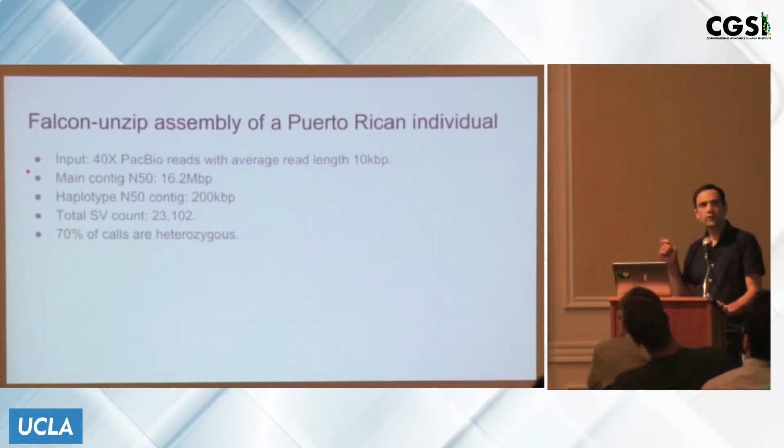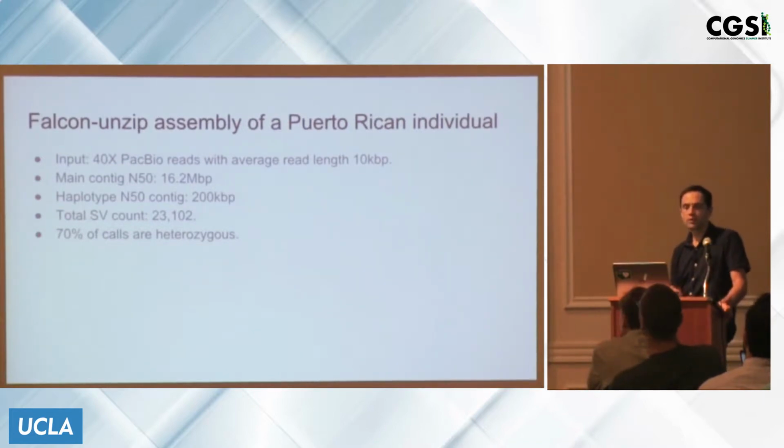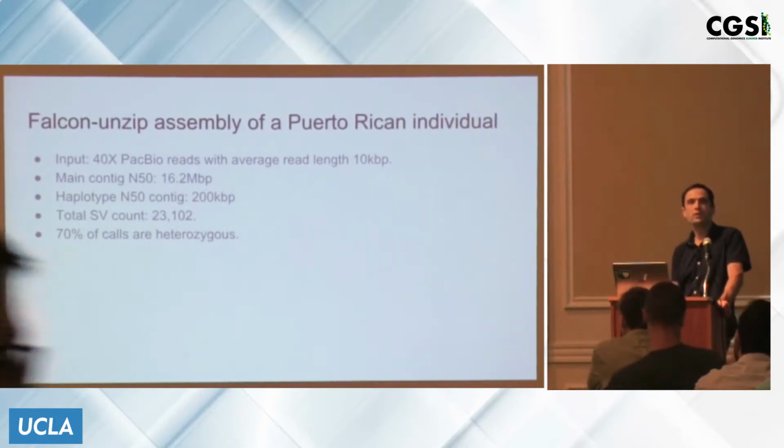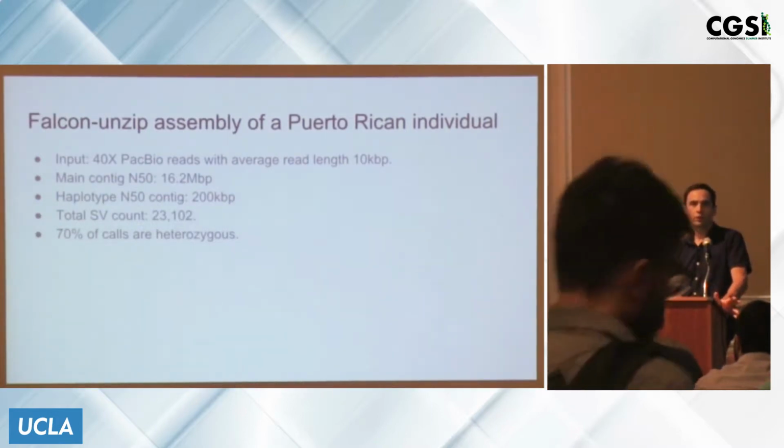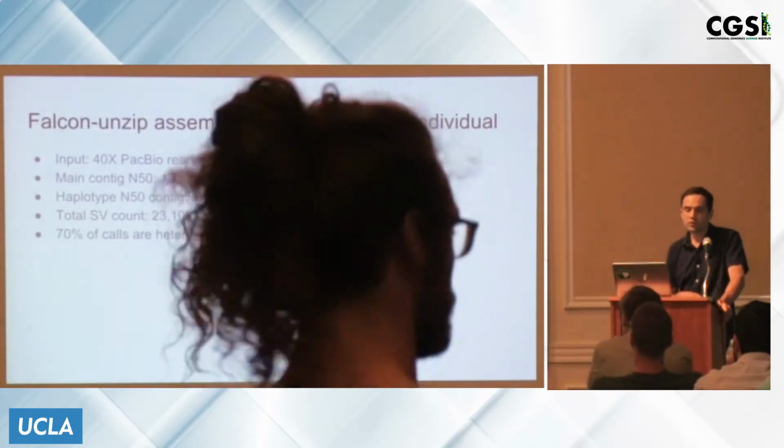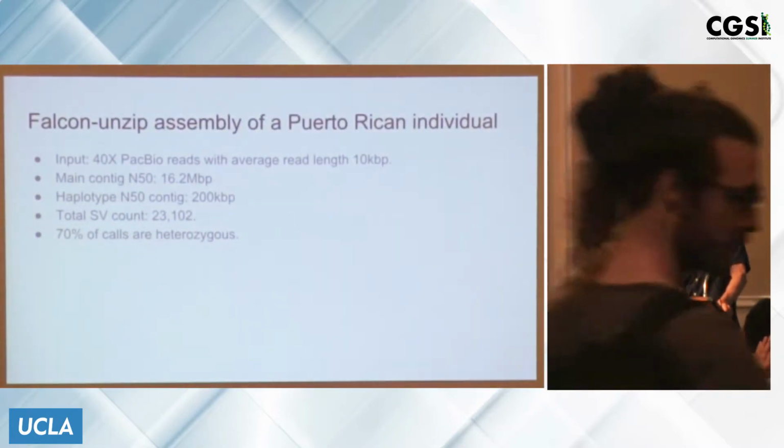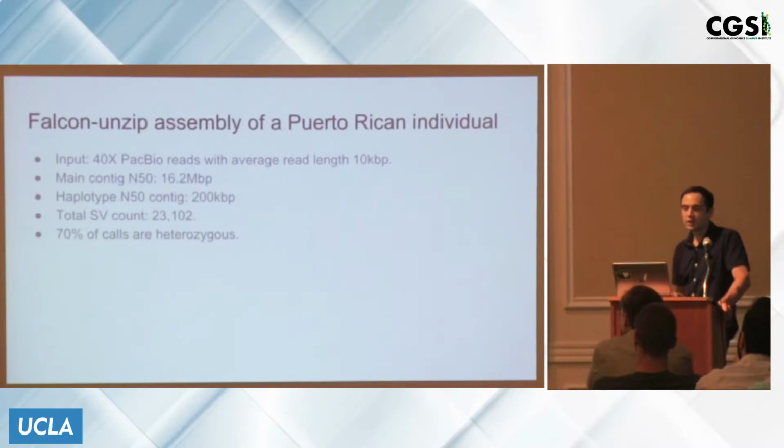So running this Falcon Unzip, the diploid assembler, on a Puerto Rican individual that was sequenced as part of the 1,000 Genomes project, gave pretty similar results to the best approach that I could do with local assembly. Given about 40-fold PacBio sequencing of reads that averaged 10 kilobases, the primary contig N50 was about 16 megabases.